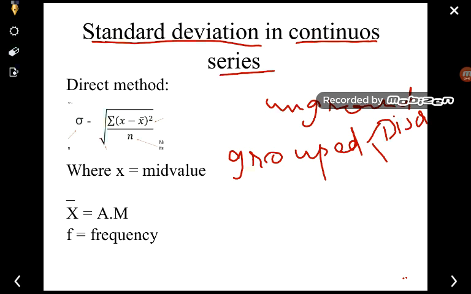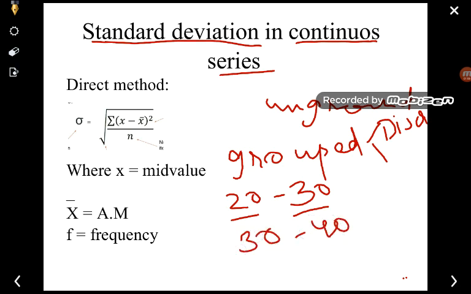If the grouped data is given in the continuous series, meaning class intervals from 20 to 30, 30 to 40, 40 to 50, there will be certain class intervals and the frequency. If the data is given in this way, how do we calculate the standard deviation?